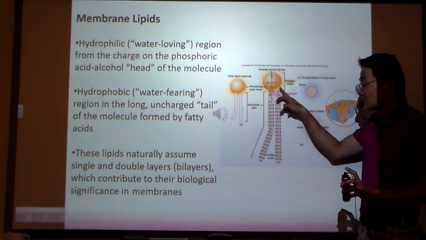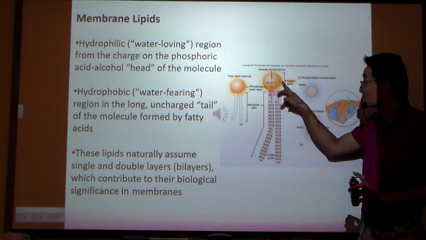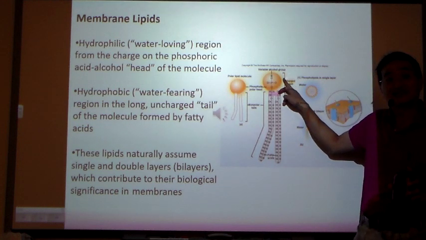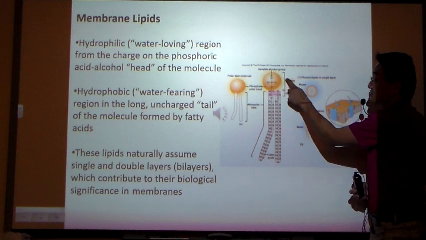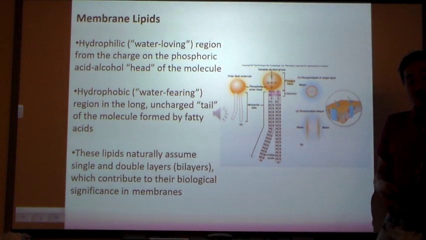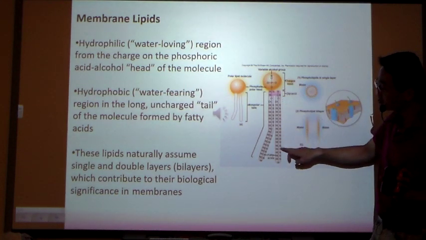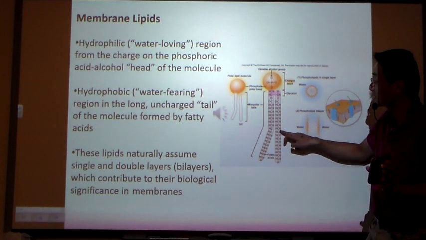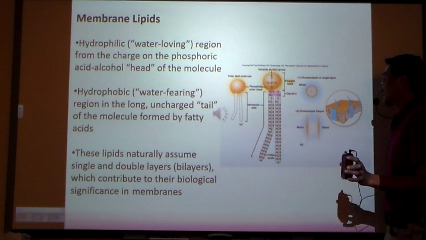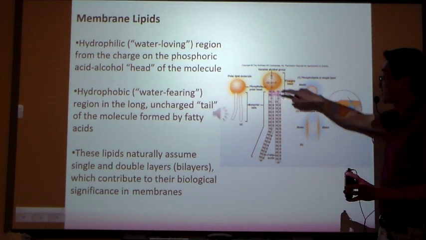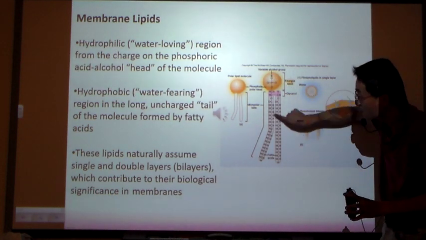That actually makes it hydrophilic. Remember we talked about in the chemistry review that anything that contains charges, water likes it. So that is hydrophilic. But anything that is still hydrocarbon, carbon, hydrogen, that's hydrophobic. So the phospholipid molecule is partially hydrophilic and partially hydrophobic.